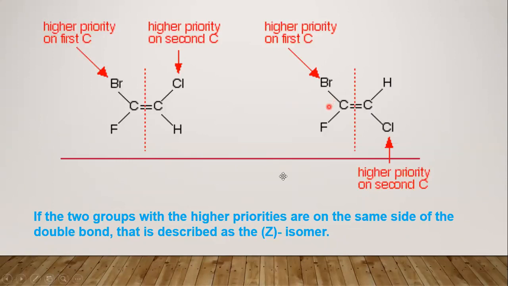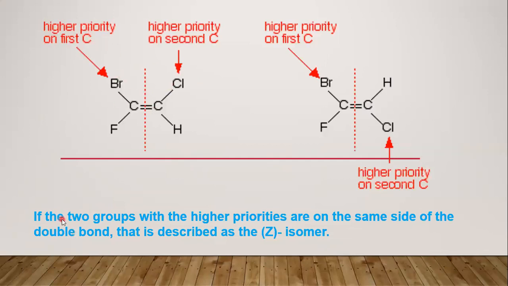As you see here, higher priority down, here higher priority is up. So opposite direction, it means E isomer. But here, chlorine is the higher priority up, bromine is the higher priority up. So this is zusammen.